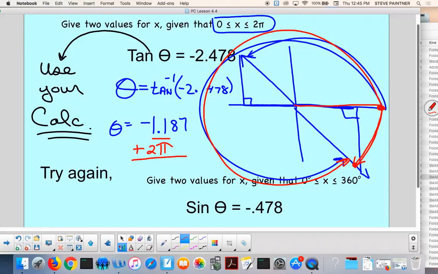Okay, just watch. This is what the calculator says the answer is: negative 1.1. Yep, that's the answer. But if I say I want a positive answer, if I just add a circle, 2 pi, to it, I'm right back where I started from. But then don't you go, the new starting point would be down there? No. If you add a circle, that's a coterminal angle. Coterminal angles are the same picture. They end in the same spot. 5.09, okay.